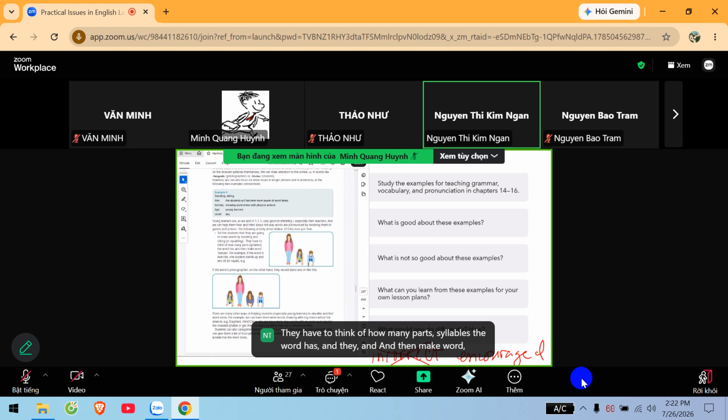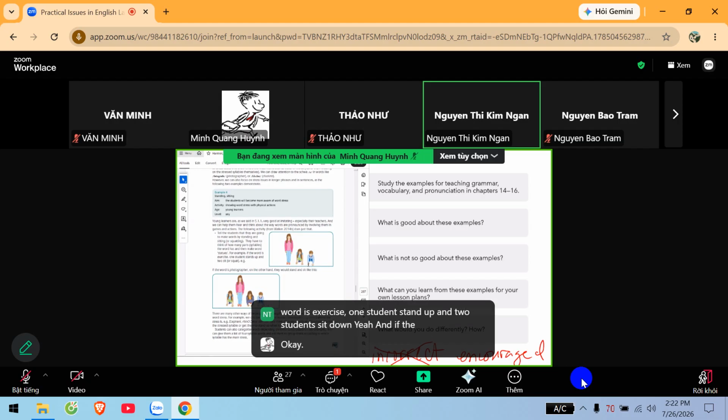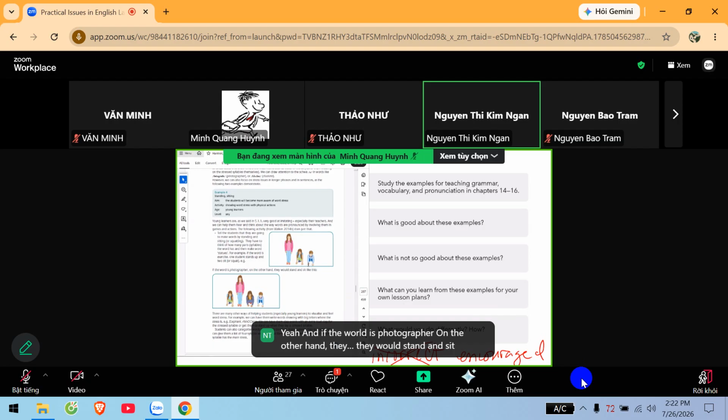For example, if the word is exercise, one student stands up and two students sit down. And if the word is photographer, on the other hand, one student stands up and three others sit down, the first student sits down, the second will stand up and two others sit down.